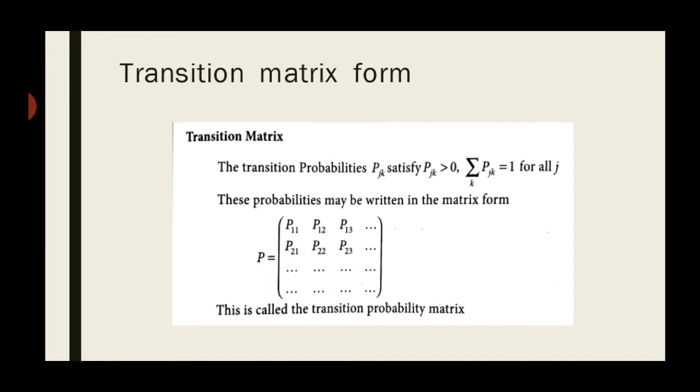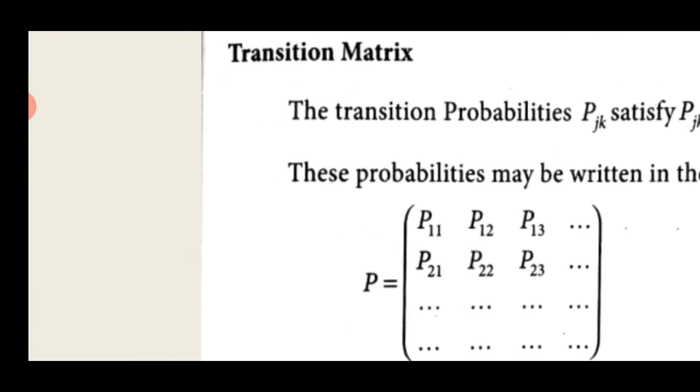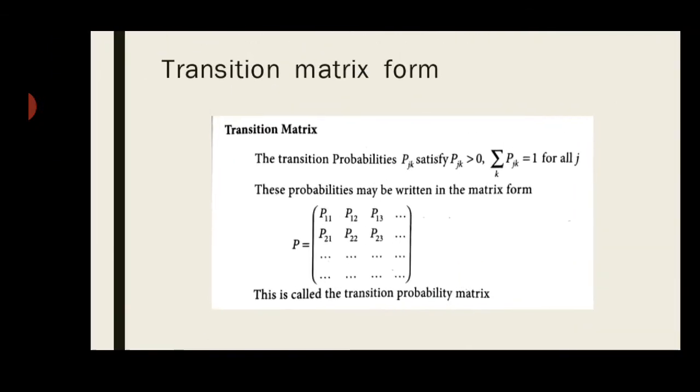The transition probability is pjk, so all the probability entries in the transition matrix must be positive, greater than 0, and summation pjk equals 1. That means in a transition probability matrix, if you take any row, the sum of all the values in that row will be equal to 1.